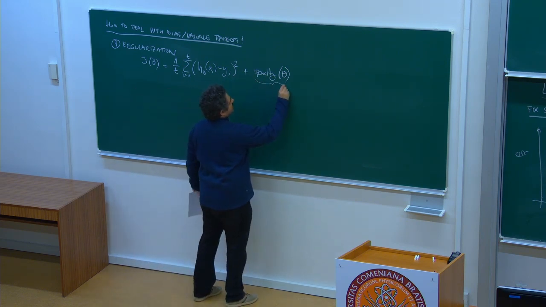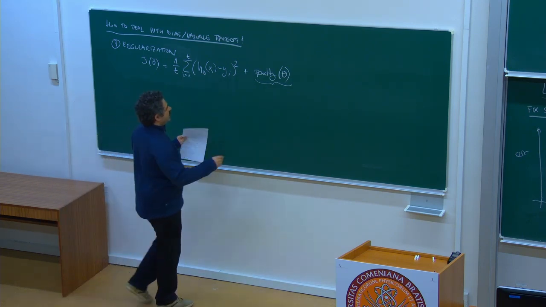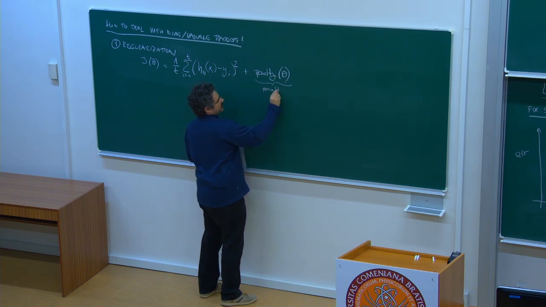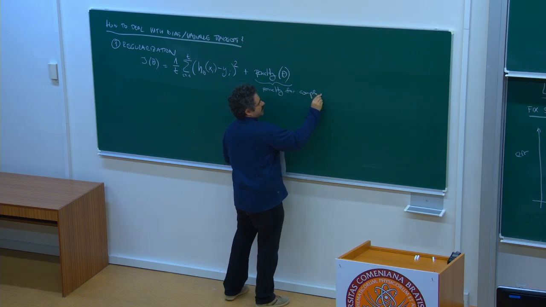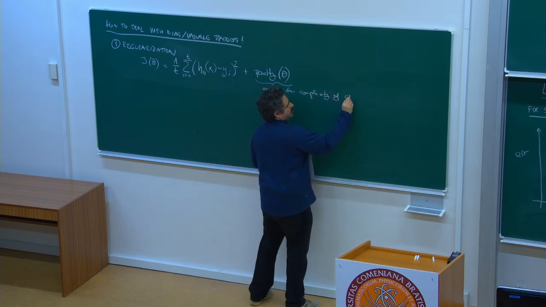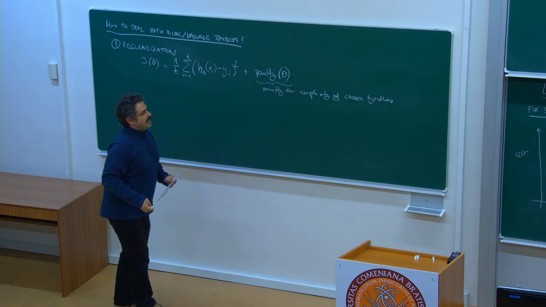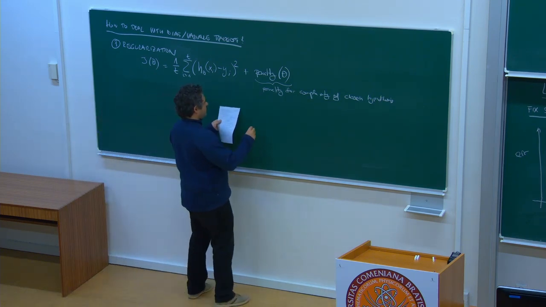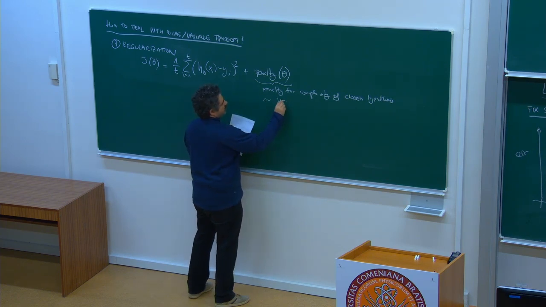So this is a penalty for the complexity of the chosen hypothesis. And basically this should roughly correspond to a variance estimate.